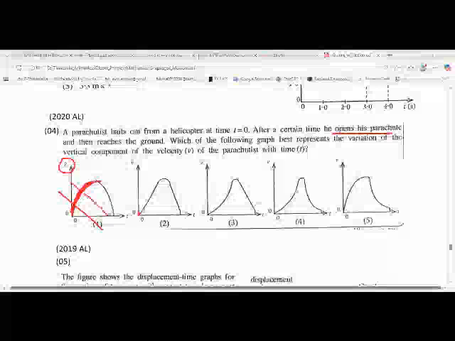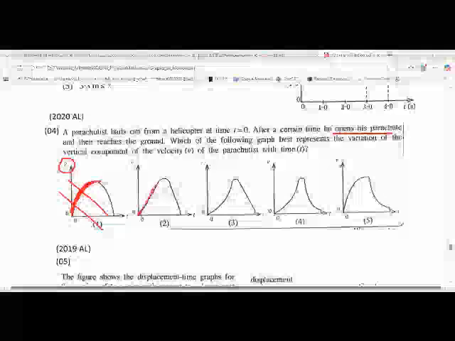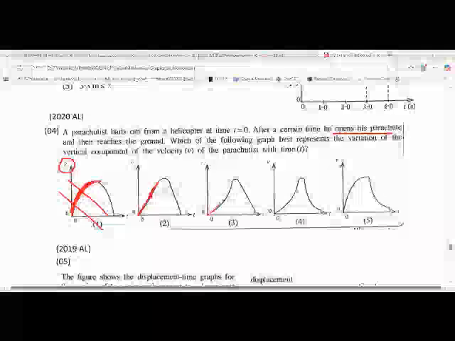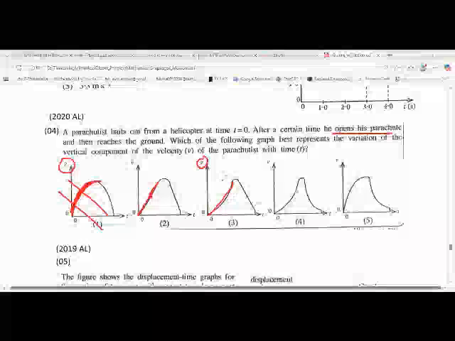Here you can see a straight line. It is uniform acceleration. Then we know it should be 10. Then we can consider this as correct. But also we can reject this. It's a curve. A curve in a velocity time graph is a little confusing.